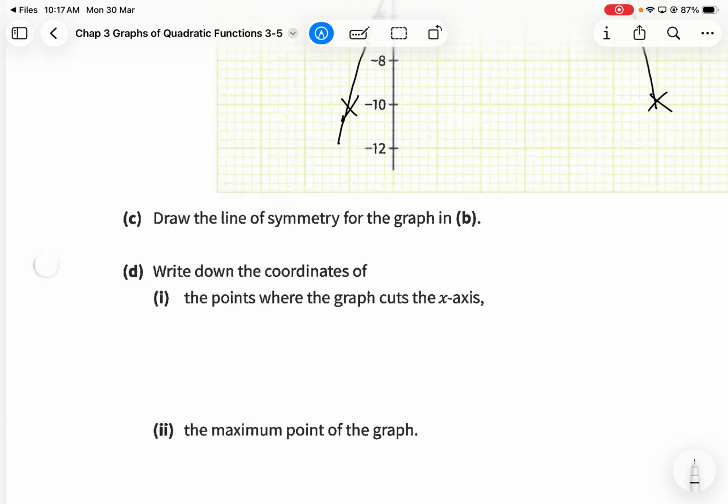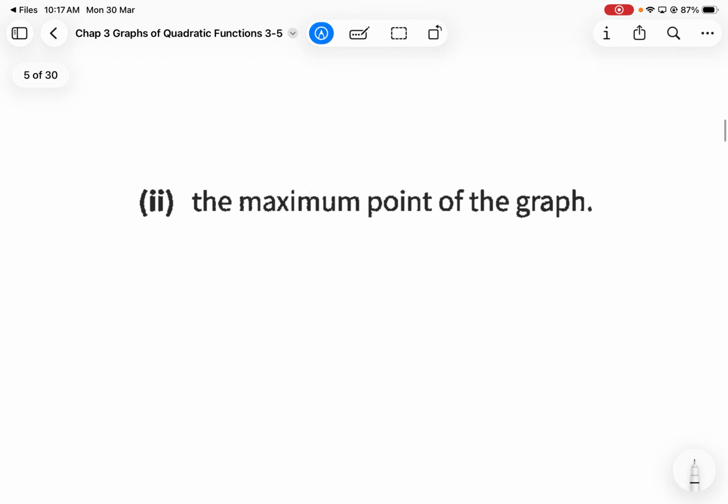Yes. The maximum point. Very good. Okay, for question 2, there is another question. Maximum point. Max means big or high. So they are actually asking you for where is the highest point of the graph. Maximum means high.